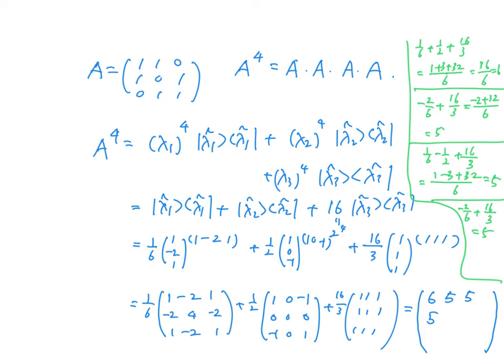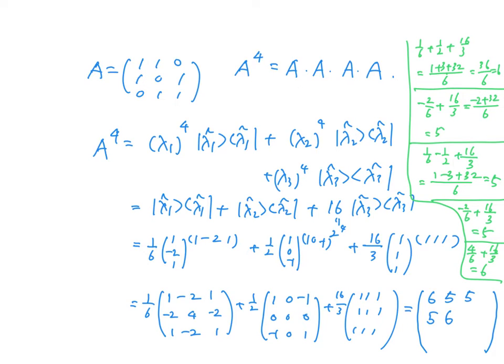Maybe one more space. Then 4/6 plus 0 plus 16/3 is 4 plus 32 over 6, that is 36 over 6, so 6. So the second element becomes 6.